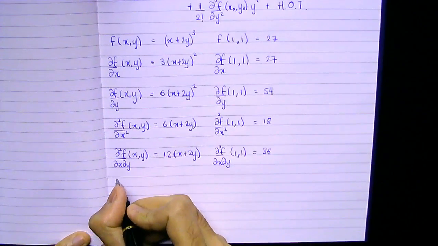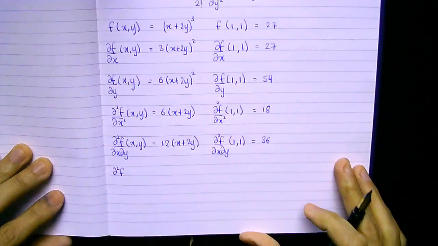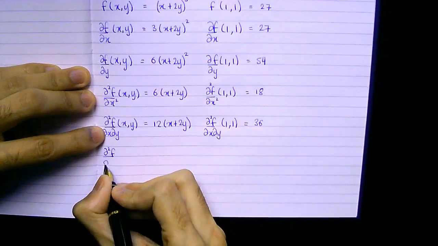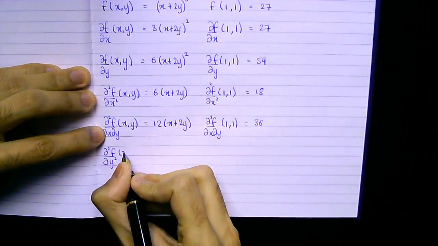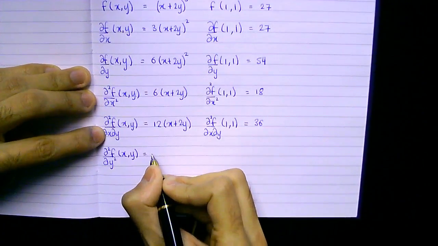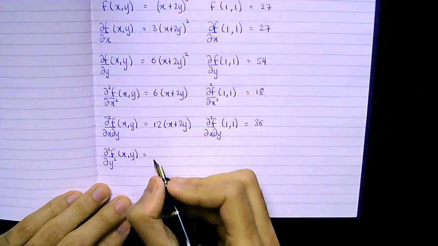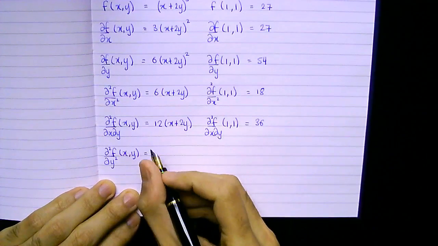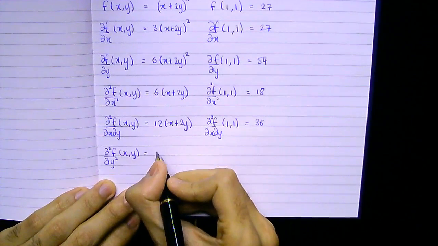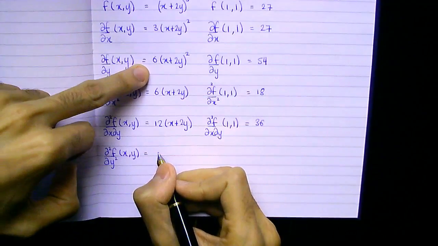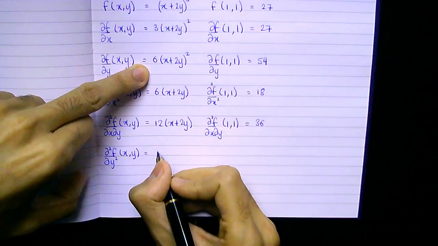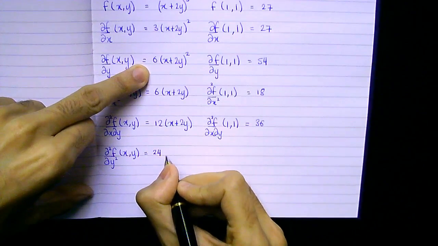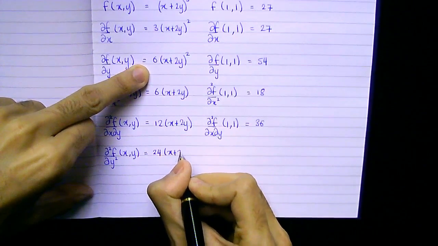And the last term I'm interested in is the double derivative with respect to y. So this will be given by, let me see, so I differentiate this with respect to y, so I should get 24 x plus 2y.